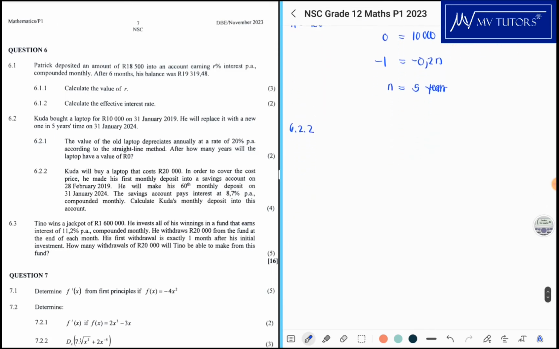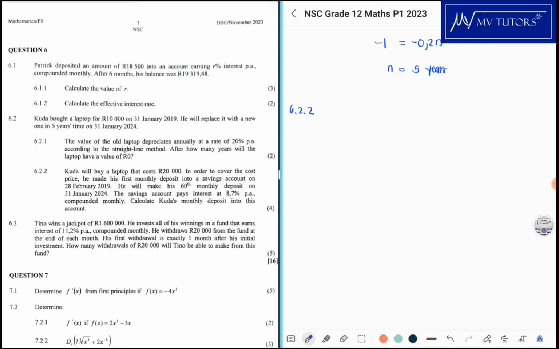Okay, so now here, you can see clearly we don't have a lump sum that we're dealing with, but we actually have an annuity where you're paying a certain amount on a monthly basis. So he wants to buy a laptop that costs 20,000. Now another thing, if it's an annuity, is it a future value annuity or is it a present value annuity?